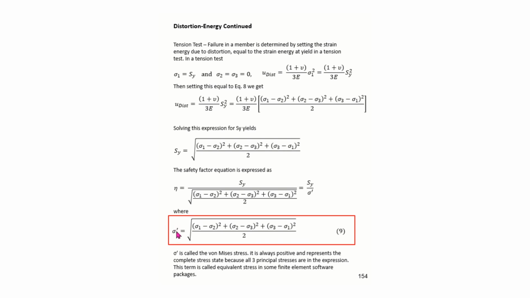And sigma prime is called the von Mises stress. And it's always a positive value. You can see in here everything is squared and then square rooted. So it's always a positive value whether you're in tensile or compressive stress. And the thing that it does that's unique compared to the other failure theories is it represents the complete stress state.